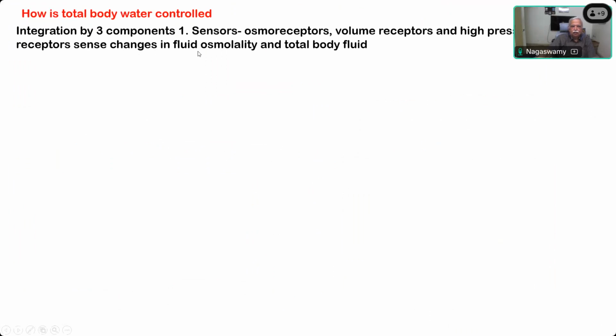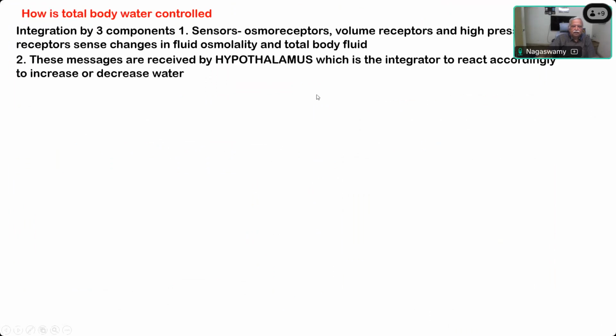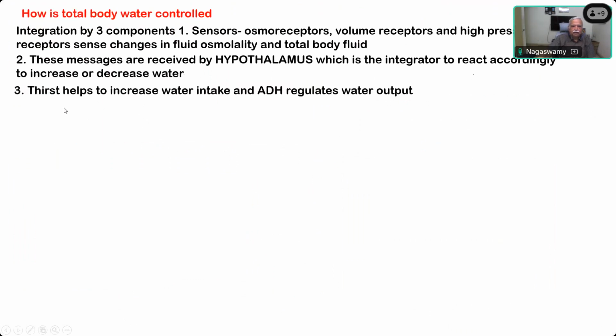They sense changes in fluid osmolality and total body fluid. These are the three things. These messages are received by the hypothalamus, which integrates them to react, increasing or decreasing the water. Thirst helps to increase water intake and ADH regulates water output. So these are the mechanisms by which body water is controlled.